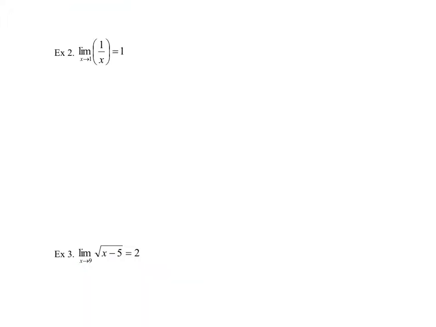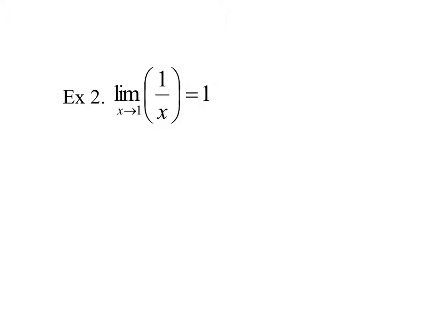Something with a little oomph to it. So again, you got your C, you got your f of x, and you have your L. All right. So, at least until you get comfortable with this, you might refer to the rules.